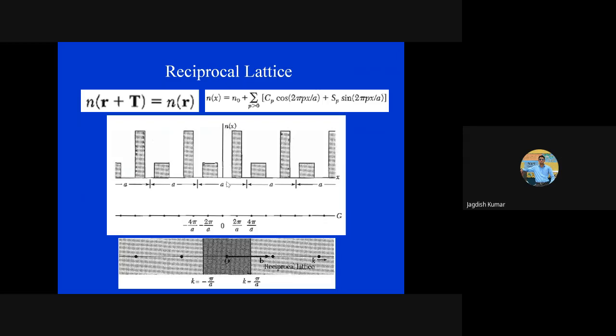And the relationship between real and reciprocal space is the Fourier series. Depending upon the shape or detailed contents of the unit cell in real space, the Fourier coefficients on the right hand side are going to be different in reciprocal space.